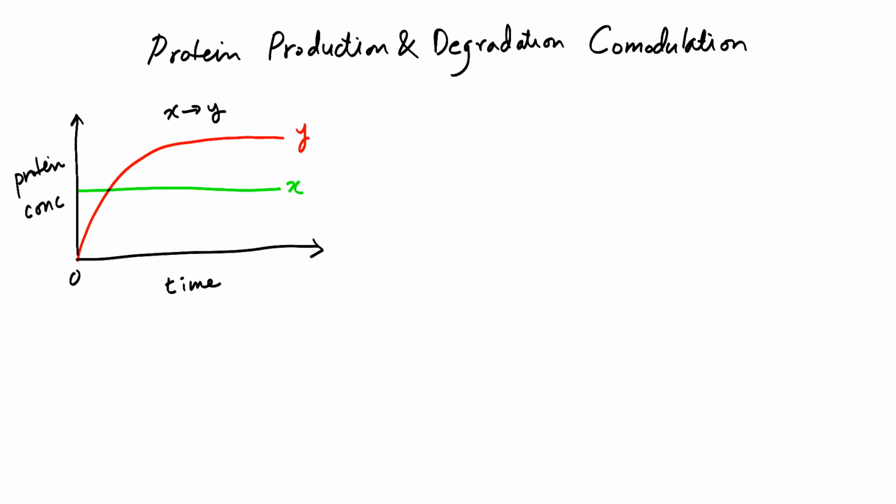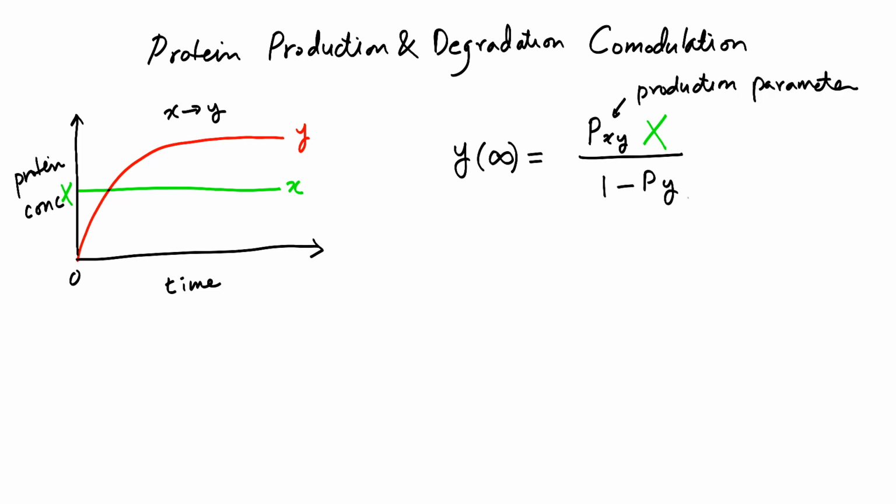Earlier, I mentioned that if you assume this X protein concentration is constant and that value is X, then our protein concentration as time approaches infinity is equal to P sub xy times this large X, which is the constant X protein concentration, over 1 minus Py. So this is the production parameter and this is the degradation parameter.